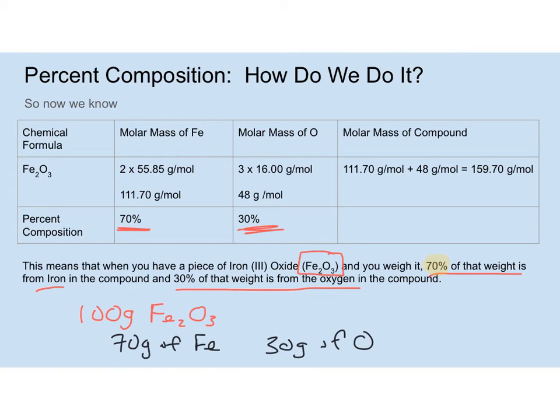Because out of that 100 grams, 70% of 100 is 70 grams would be iron and 30 grams would be oxygen. Back to our original case scenario, this is the information that we wanted, this 70% and 30%. That's percent composition.